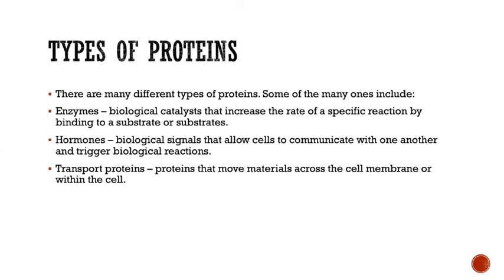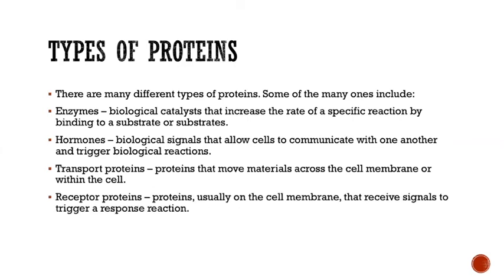Transport proteins, which move materials across the cell membrane or within the cell. Receptor proteins, so these proteins are usually on the cellular membrane and they receive signals to trigger a response somewhere in the cell. And structural proteins, so these are the fibrous ones which just help with the cell shape and support the cell from collapsing in on itself.